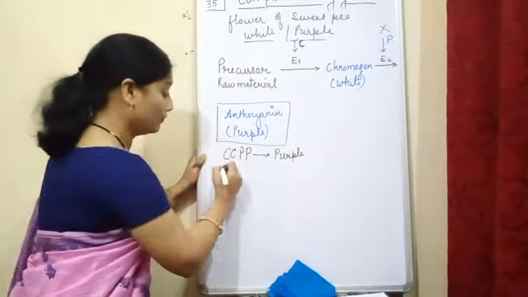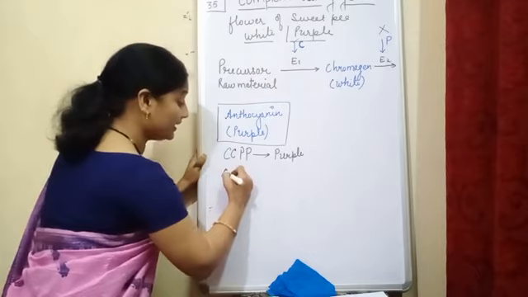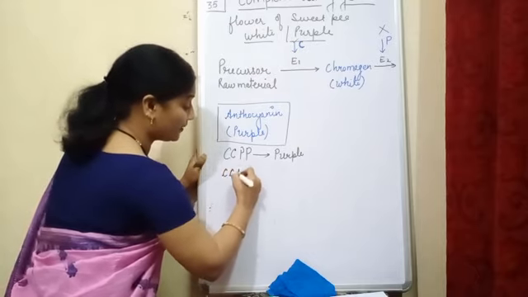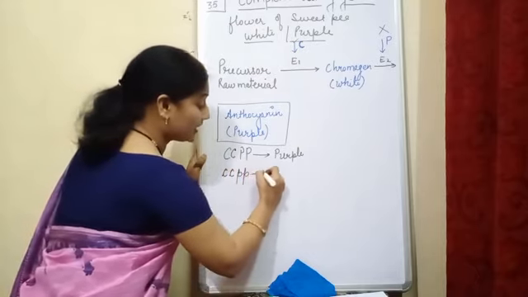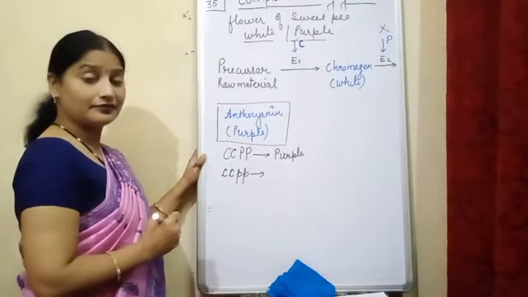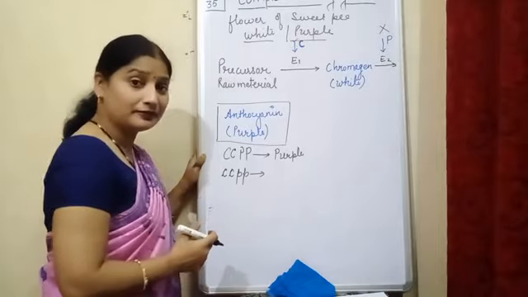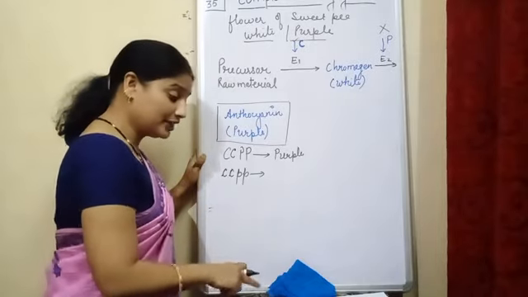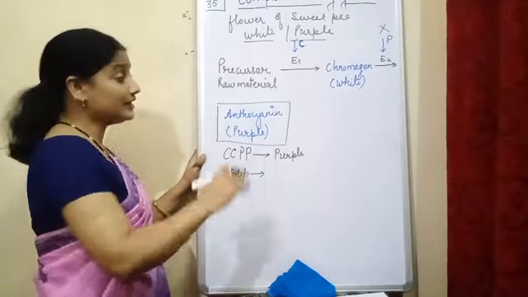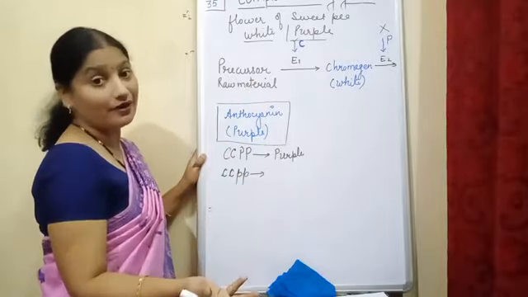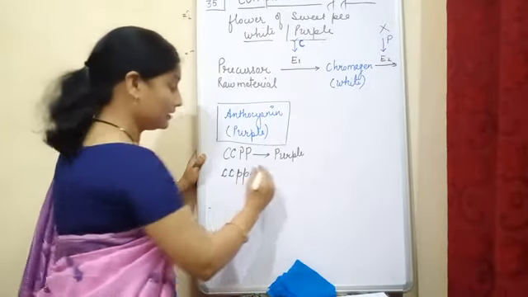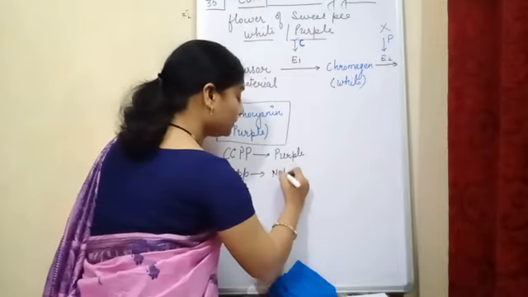Clear? Now, if this is cc and pp, if they are recessive, then they will not express themselves. And if they will not express themselves, then definitely the color of the flower will be white only. Clear? So, not purple.